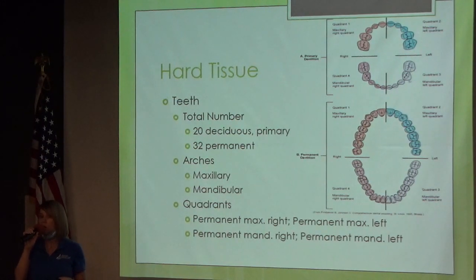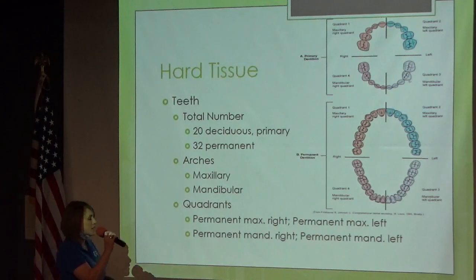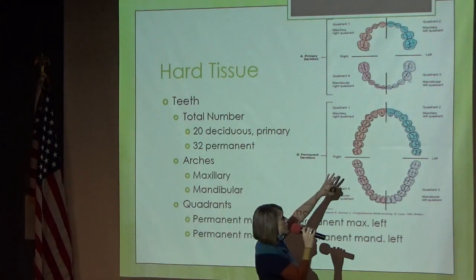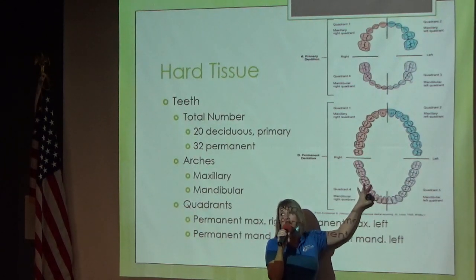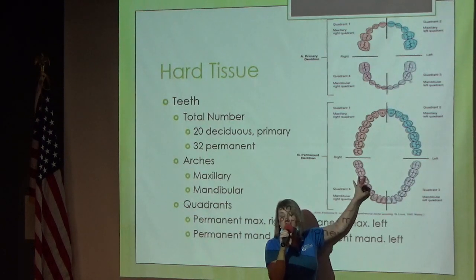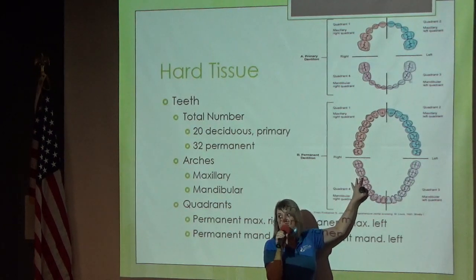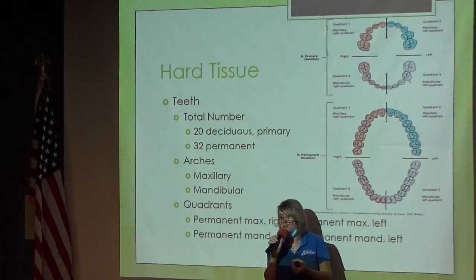Sometimes in dentistry, we do things in quadrants. If we have patients that have numerous restorations in a quadrant, and we're going to anesthetize this whole quadrant, we're going to try to have enough time to get all of those restorations filled at the same time while that patient is numb. So sometimes we refer to that as quadrant dentistry.